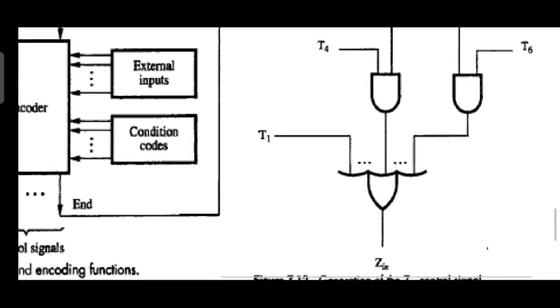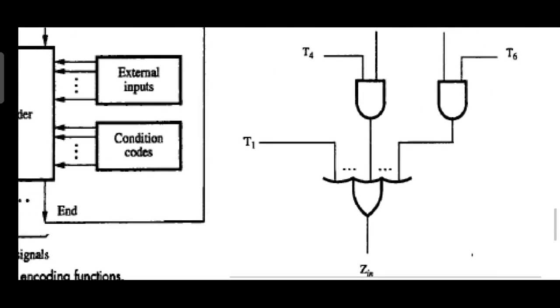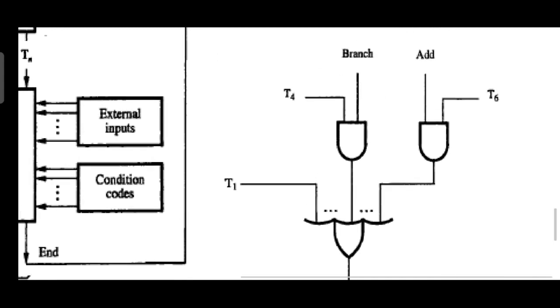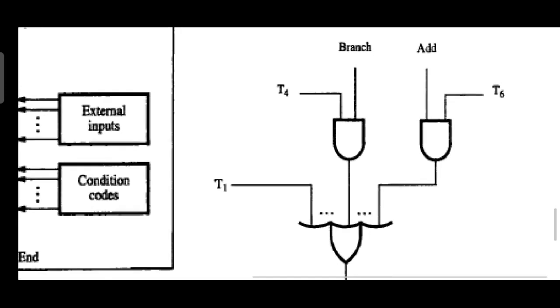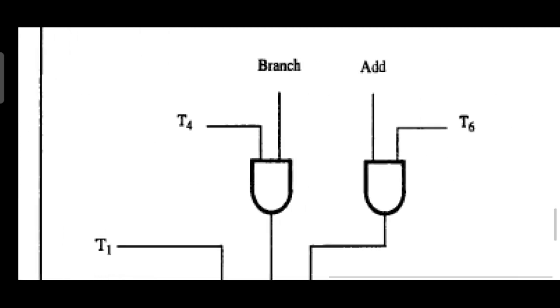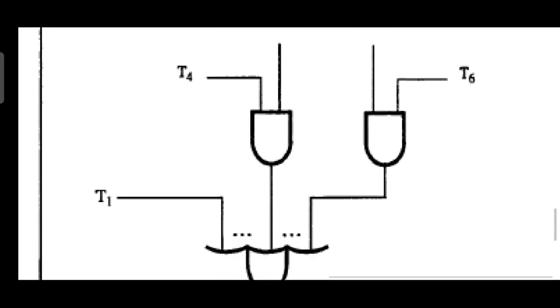See here, Z in, this is just an example. You can see a multi input OR gate for Z in. How is Z in generated? T1 in OR operation with an AND gate that takes T4 and the branch instruction. One more AND gate has T6 along with the add instruction.